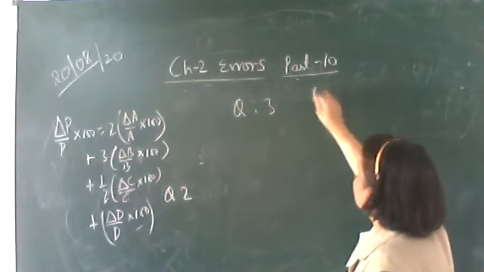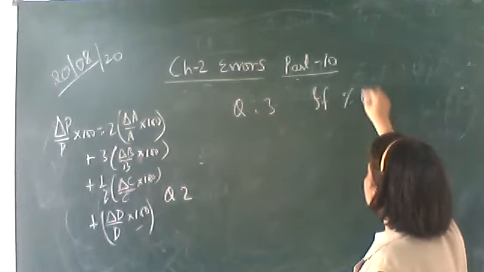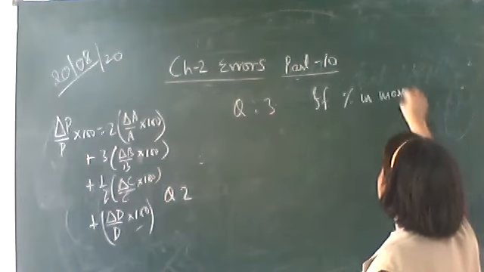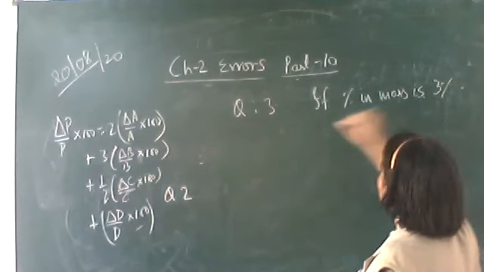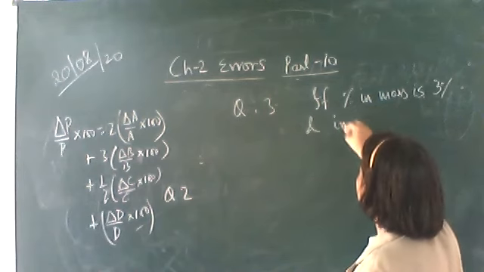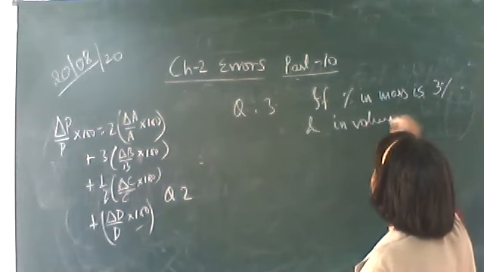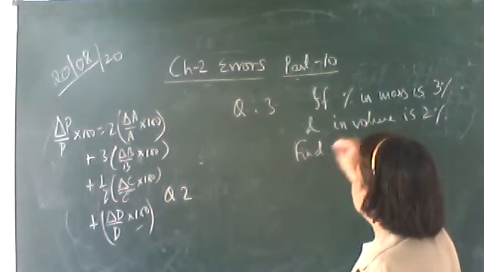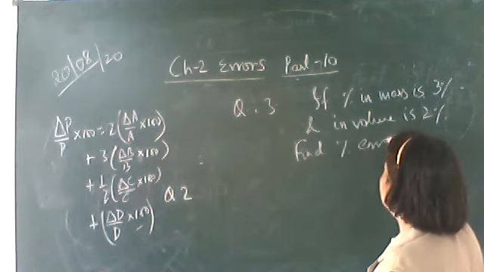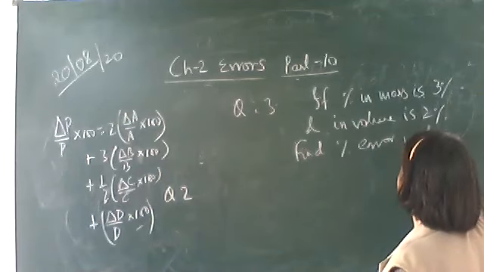If the percentage error in mass is 3% and in measuring volume is 2%, find the percentage error in density.